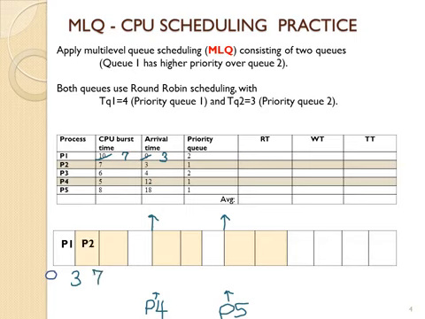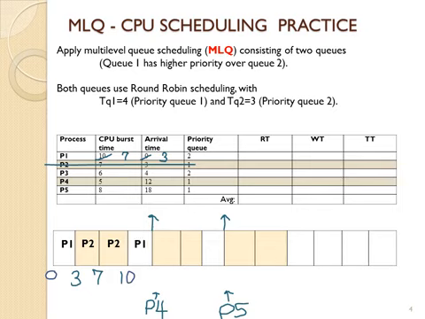So P2 will go for its time quantum of 4, but you recognize that at time 7, there's only a Q1 and one Q2, so P2 is going to continue to complete its entire 7 time units of CPU burst. So at time 10, P2 has completed all of its execution. Now the current time is 10, and in our ready queue, we only have P1.